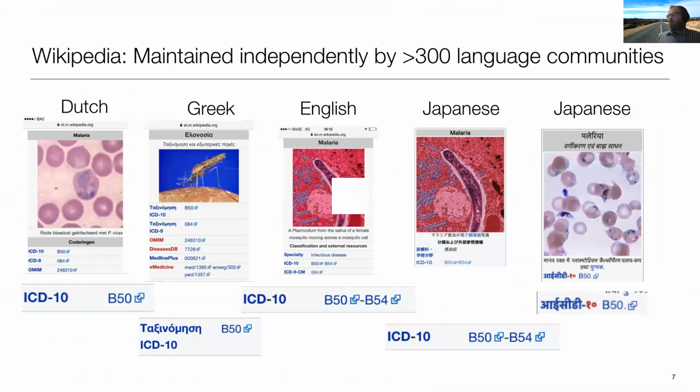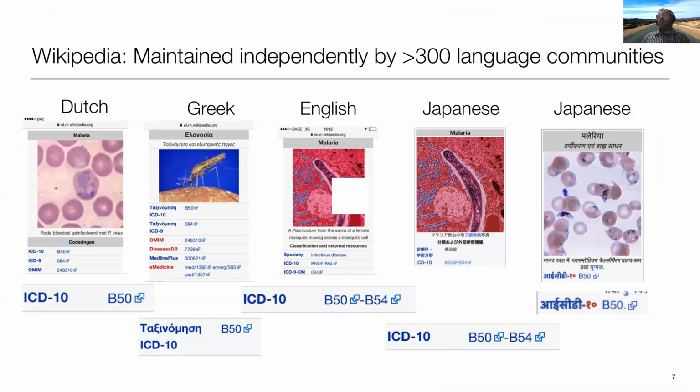Another thing about Wikipedia is it's a large, interconnected, but independently maintained network of 300 language communities. And the information is not evenly distributed over the different language versions.